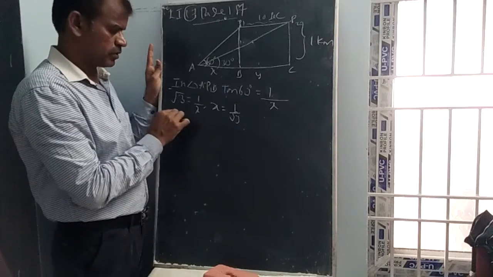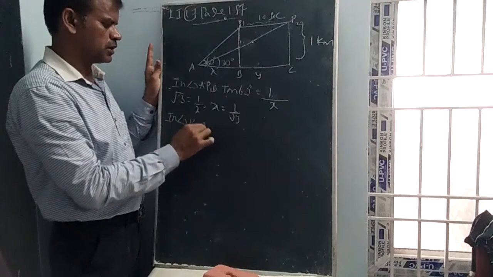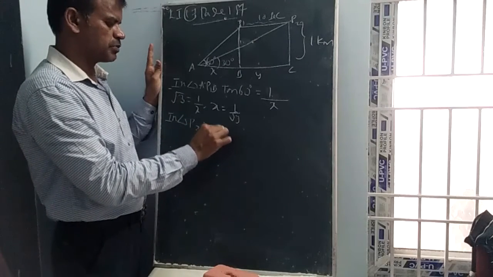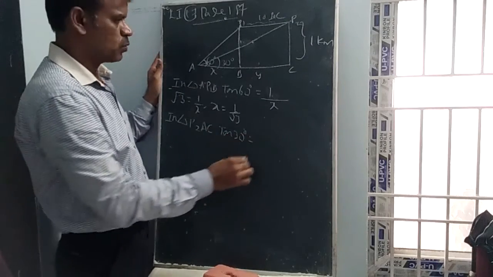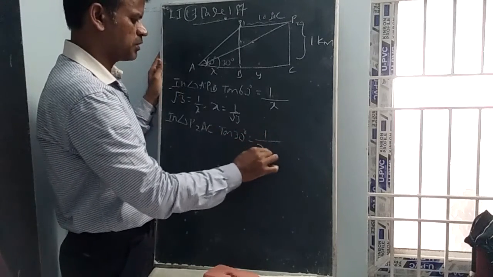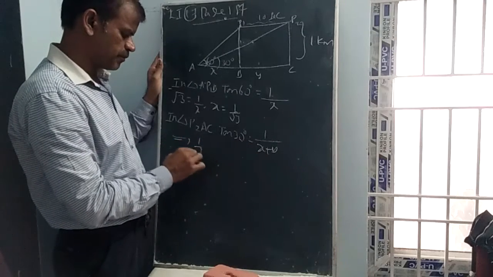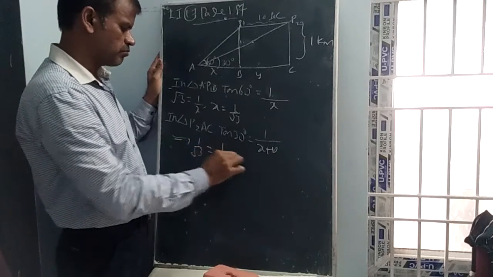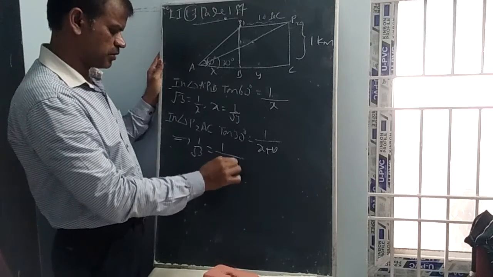Keep that aside. In triangle P2AC, tan 30 degrees is equal to 1 by x plus y. Tan 30 is 1 by root 3, so 1 by root 3 equals 1 by x plus y.